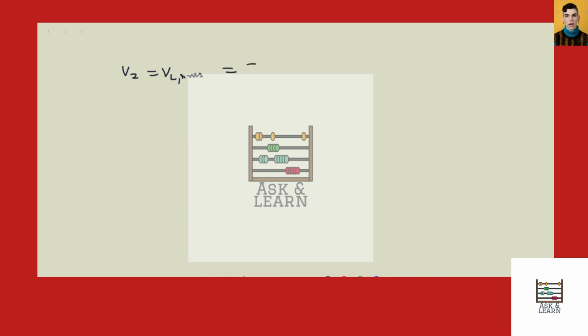V2 equals IRMS XL, so this comes out to be 2.18 volt. V3 equals VC RMS, which equals IRMS XC, which comes out to be 22.7 volt.